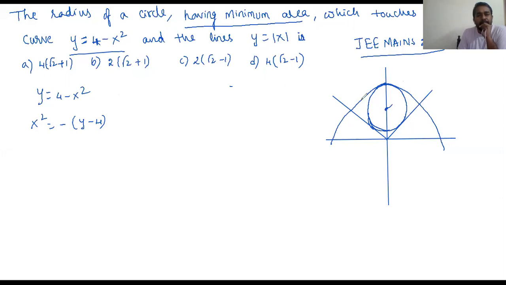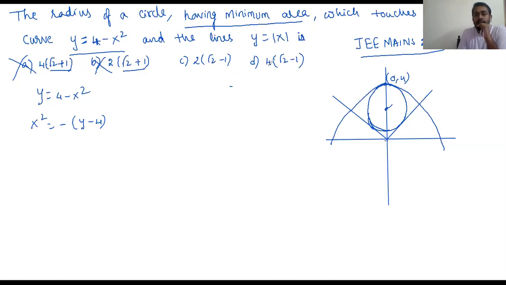See, from here to here, this point itself is 0 comma 4, meaning from here to here the distance is 4. So the diameter of the circle will be less than 4. So the radius will be very close to 2, meaning a little less than 2. See, this value root 2 plus 1 is how much? 2.414, and into 2 it's greater than 4, so wrong. 2.414 into 2, greater than 4, which is wrong.